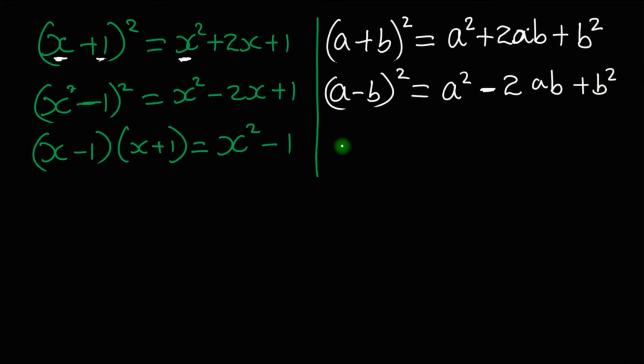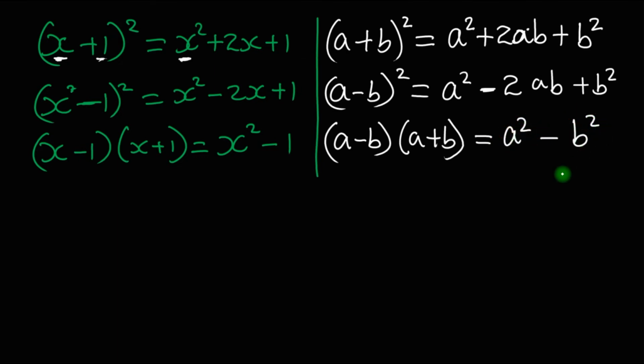And finally the third quadratic identity is a minus b multiplied by a plus b. We shall end up getting difference between two squares, that is a squared minus b squared, and this is referred to as difference between two squares.